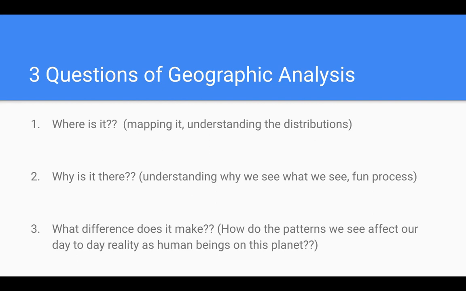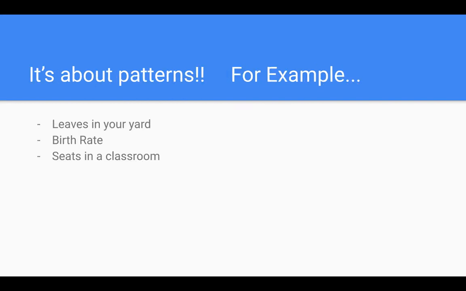So real quick, a couple examples would be like, okay, so if you look at your yard, and it's fall time now, so it's a good example for fall. Leaves in your yard, you see a big clump here, smaller there. Well, what are the things that affect how the leaves in your yard are distributed? They may look like they're evenly distributed, but usually they're not.